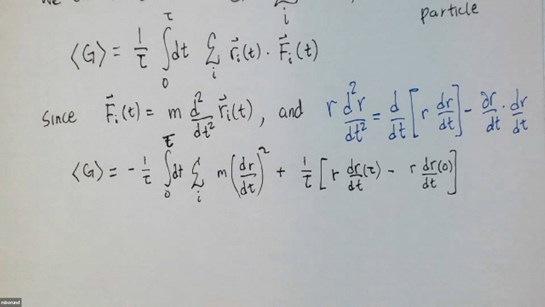Tau is going to go to infinity, right? So what's 1 over tau? 0, right?